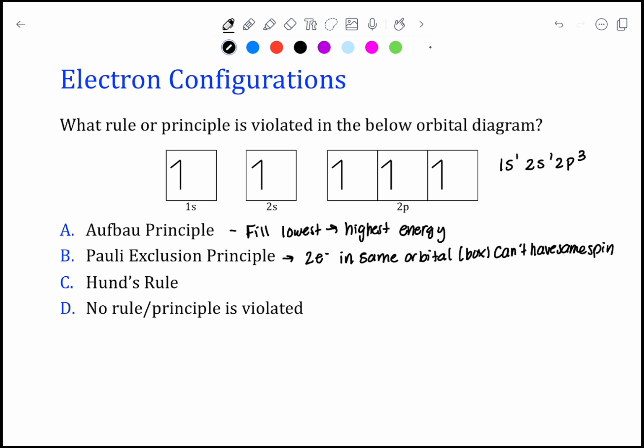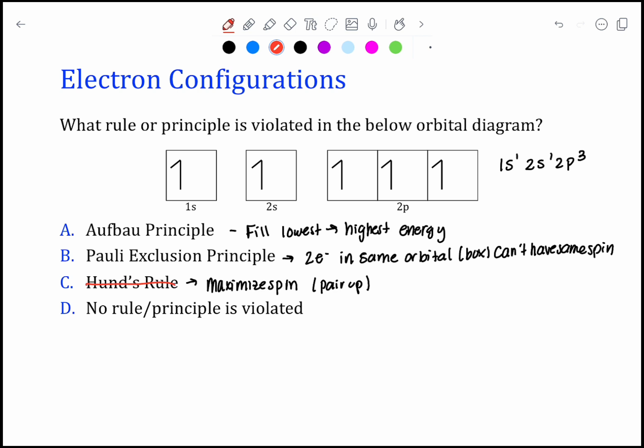And Hund's rule tells us that we have to maximize spin. So this is about pairing up. Let's go from the bottom. Maximize spin. Well, all of them have up spins, so that's pretty much maximized. So I'd say this is not a violation of Hund's rule.